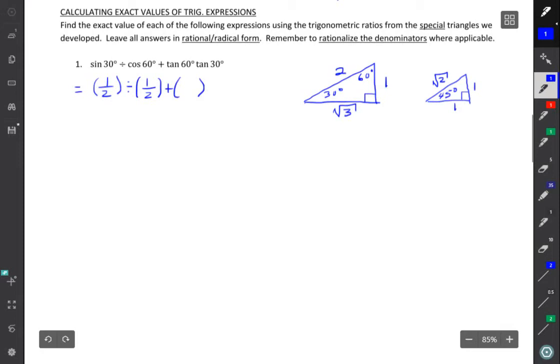Plus the tan of 60. Tan of 60 is the opposite over the adjacent, so that is root 3 over 1, or root 3, times the tan of 30, which is the opposite over the adjacent, so that's 1 over root 3.